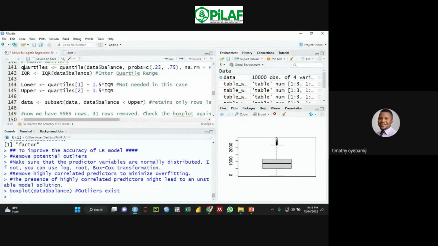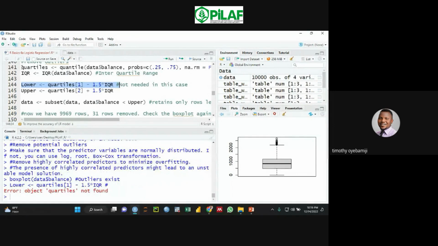The interquartile range is the 75th percentile minus the 25th percentile. Then there is the formula for the lower cap. Outliers can be above the upper cap or below the lower cap, but in this data set all the outliers are above. I just did this here in case you need it for something else. Oh, sorry, I have not run this.